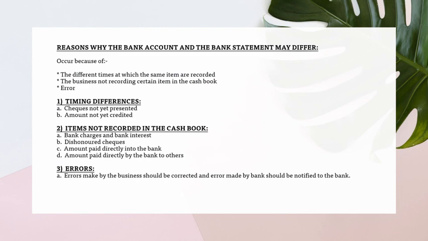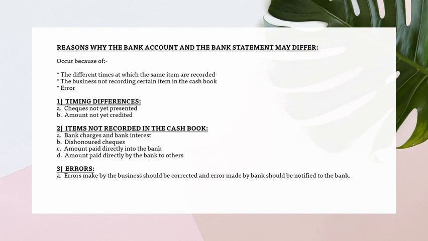Okay, reasons why the bank account and the bank statement may differ. There are a few possibilities that may make the bank statement and the cash book record balance different. It may occur because of the different times at which the same items are recorded, such as I receive a check at the last minute of the last date of the month.